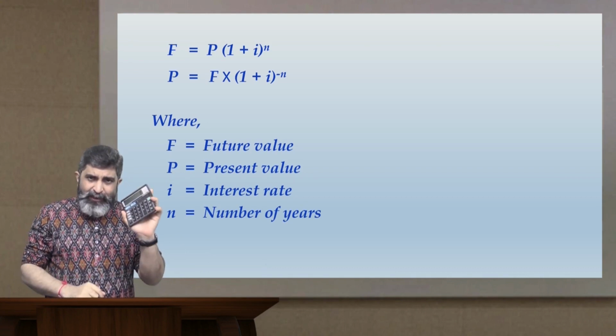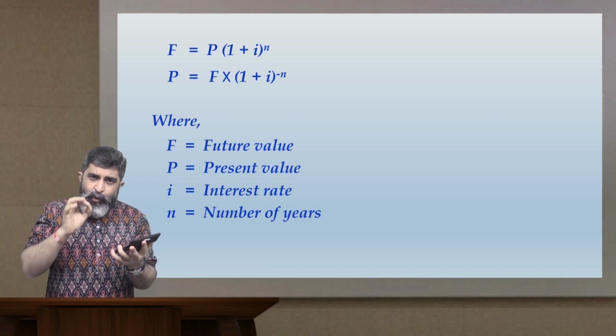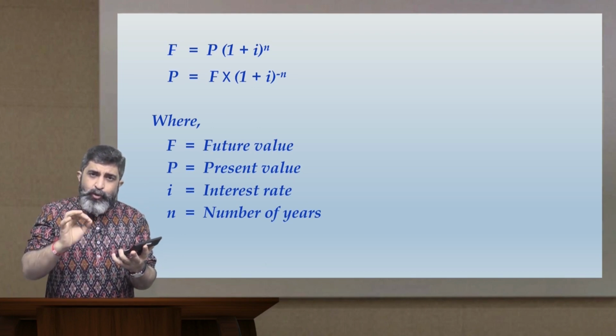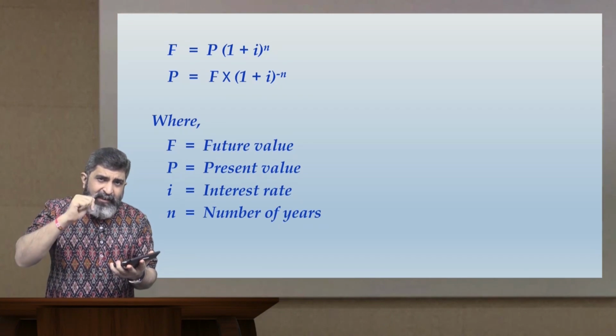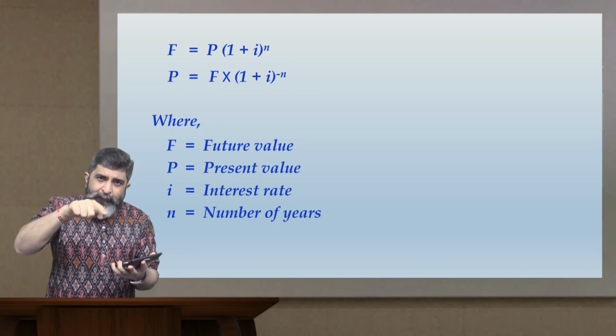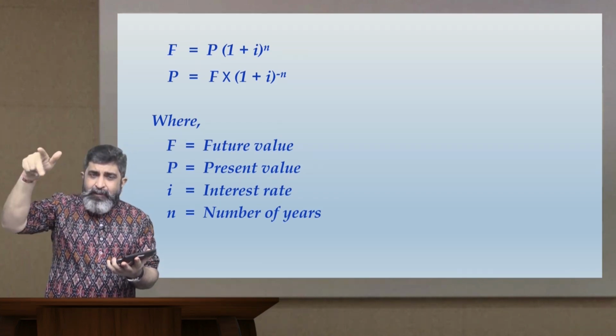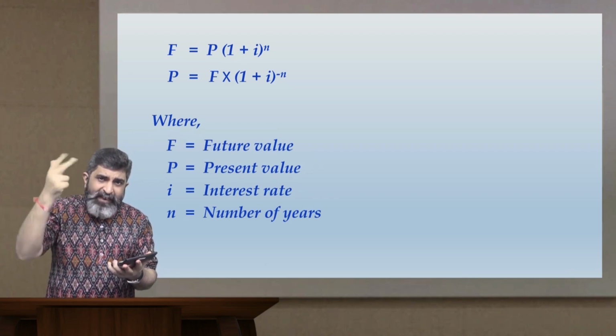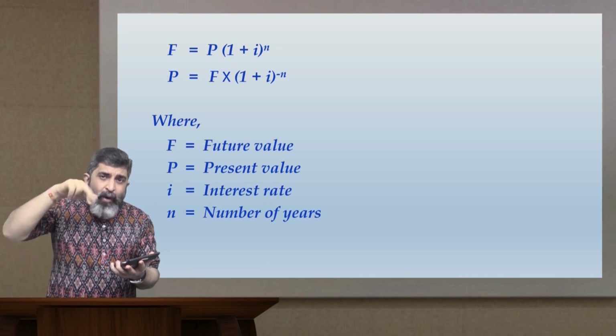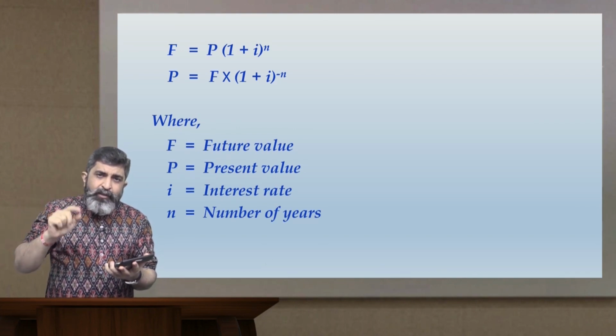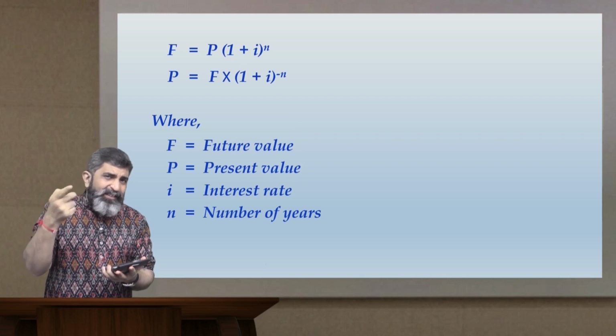So I am picking my calculator, and what I am doing on my calculator, you also should try doing. I will take F, that is future value, into (1 plus I) raised to minus n. When I say (1 plus I) raised to minus n, it will be 1 upon (1 plus I) raised to n. Over here, I indicates interest rate.